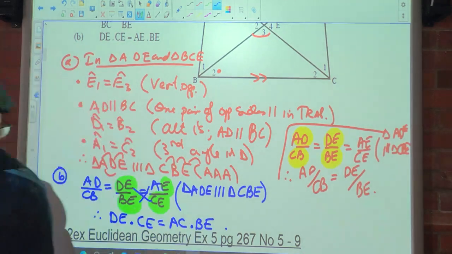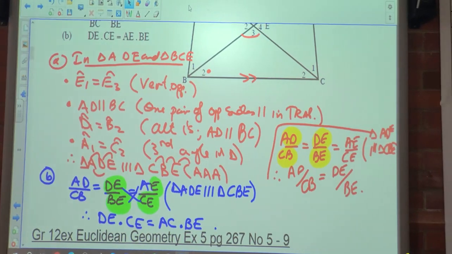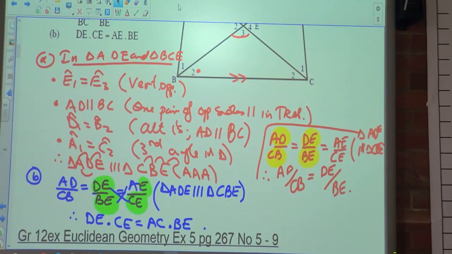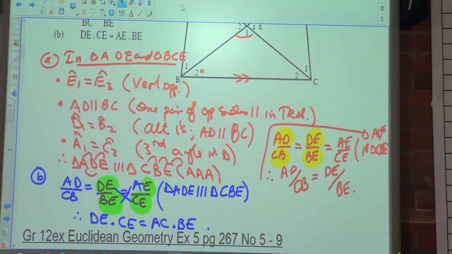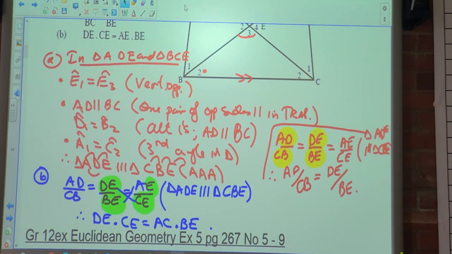And that is very simple. So any confusion? Okay.